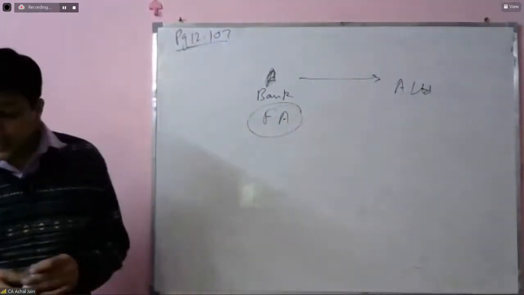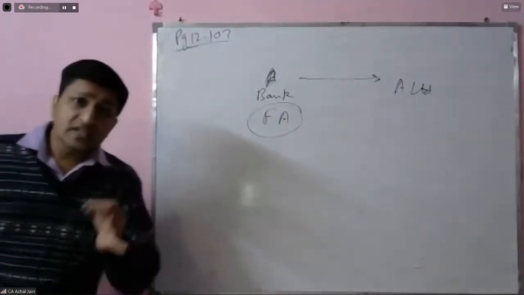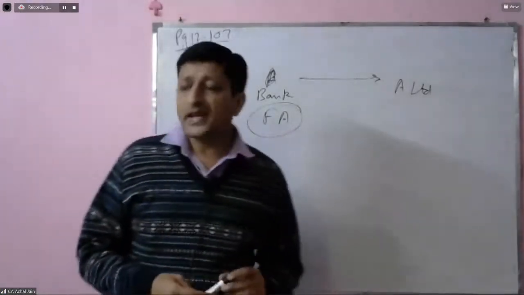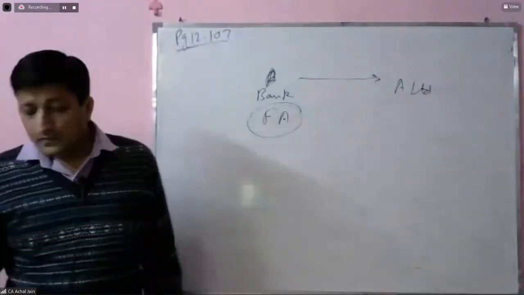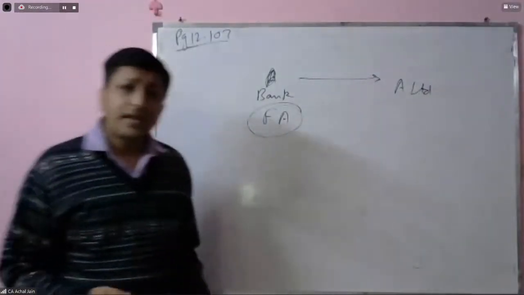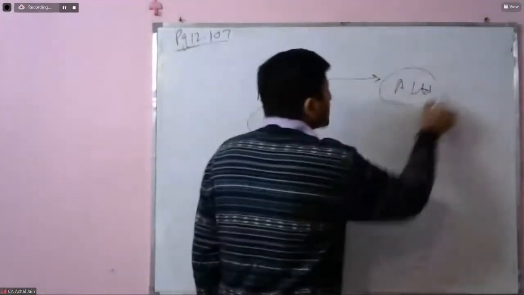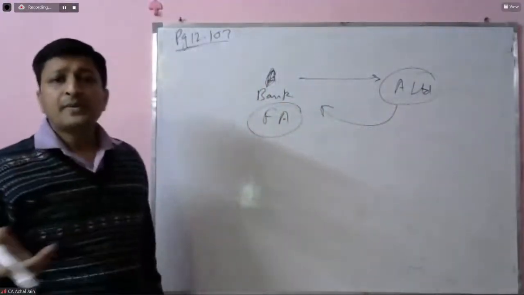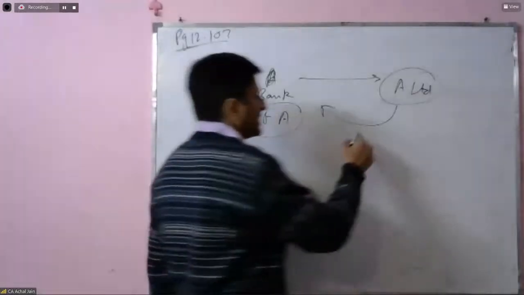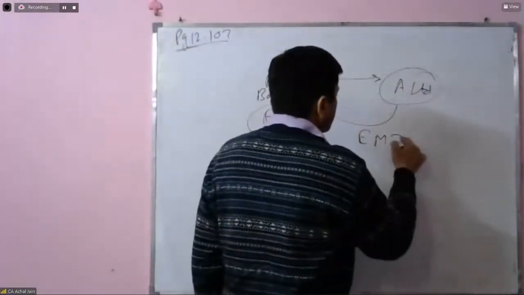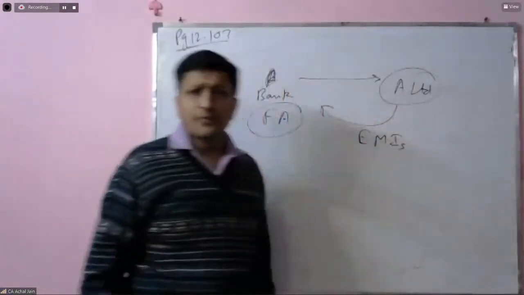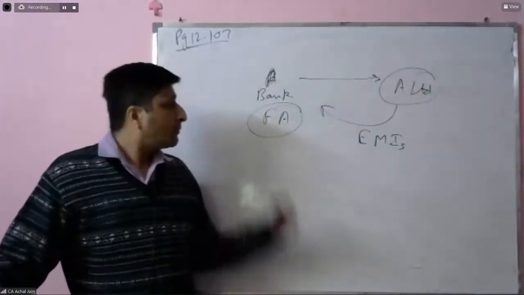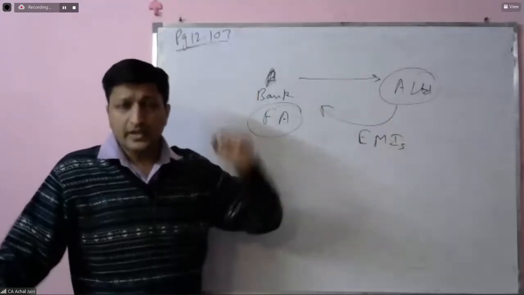Now we are checking whether some of these terms will result in derecognition of this financial asset for the bank. At times, it may happen that A Limited is unable to repay this amount. Maybe there is a default on EMIs, could be for any reason. In such a case, what will the bank do? The bank will renegotiate the terms with A Limited.